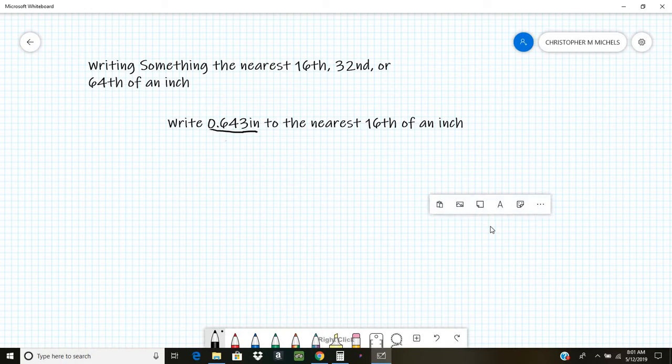So what we need to do is take your decimal measurement, the 0.643. Okay, I can do this. There we go.